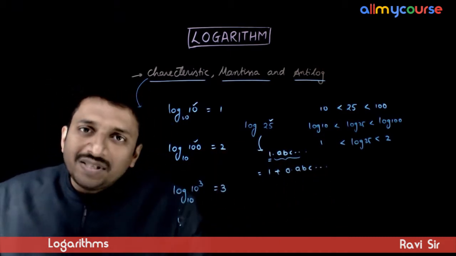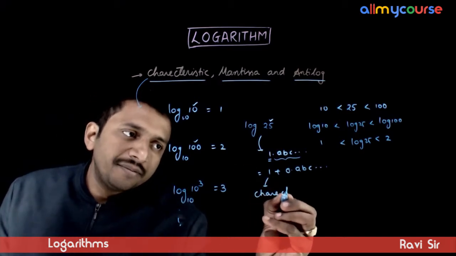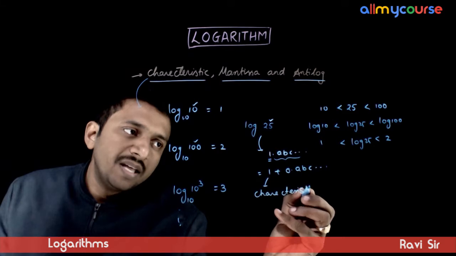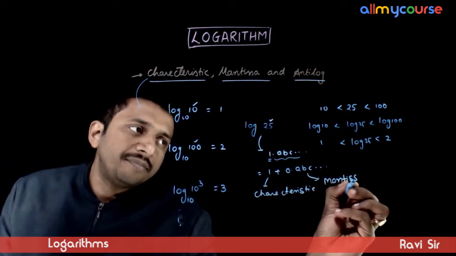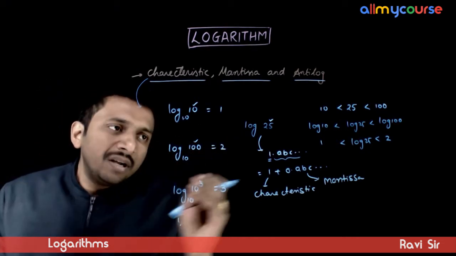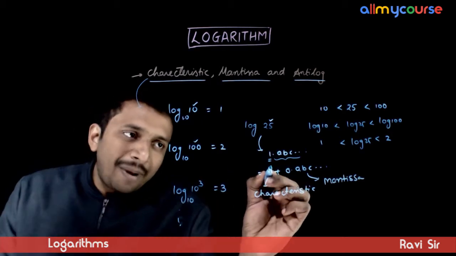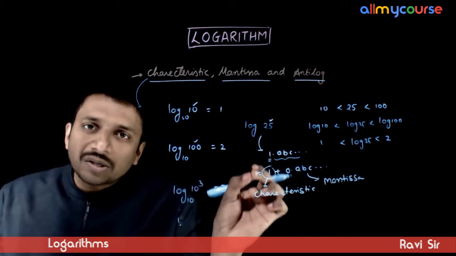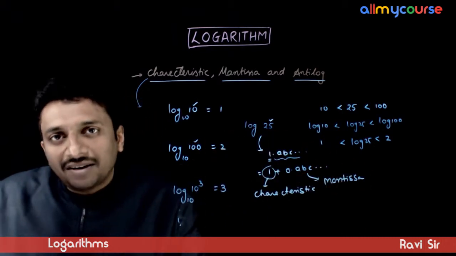This integer part is called the characteristic, and the decimal part is called the Mantissa. So whenever you calculate the log of any number, if you get something point something else, the integer part of the number is called the characteristic, and the decimal part of the number is called Mantissa.